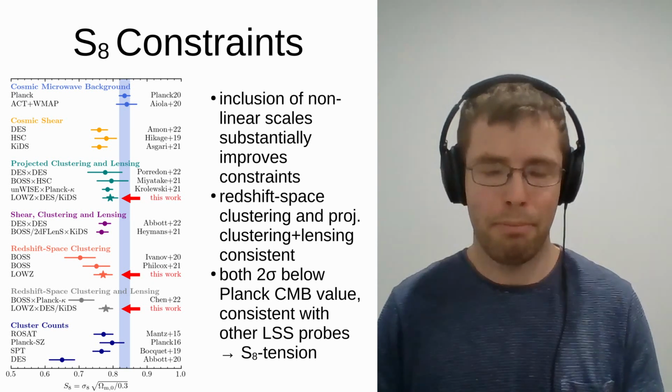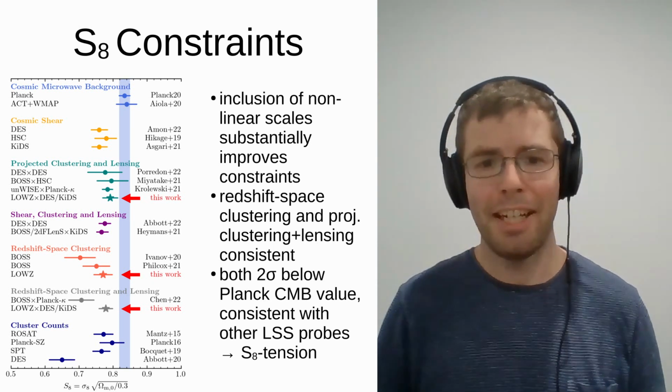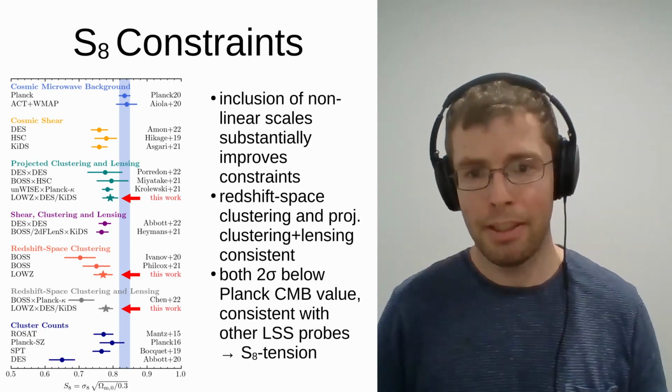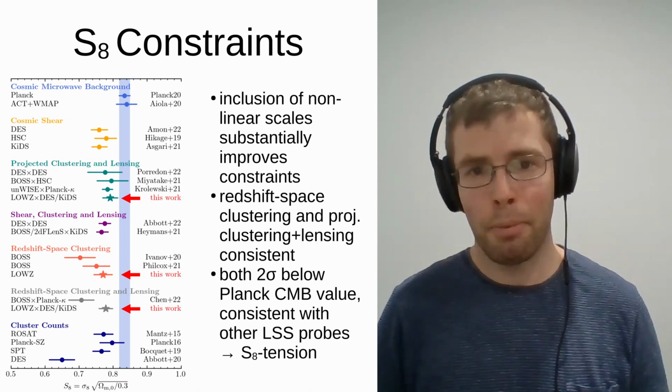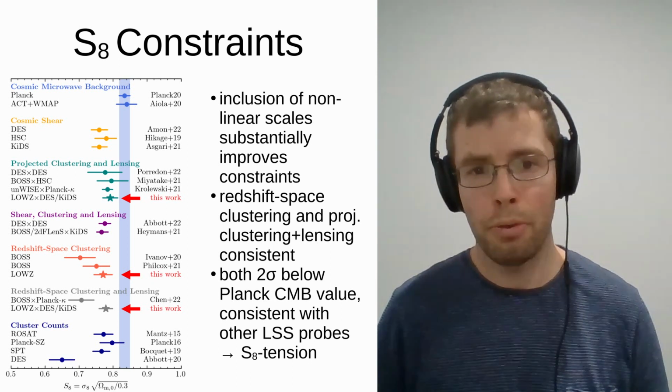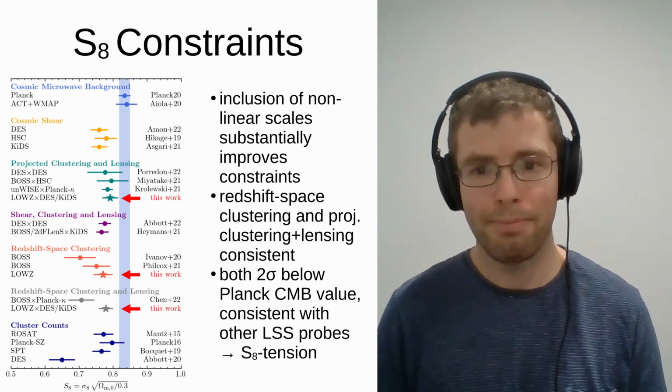So while they're not in and of themselves proof of an S8 tension, they provide additional evidence for the possibility of such a tension with an analysis that is statistically fairly independent of large-scale only studies.